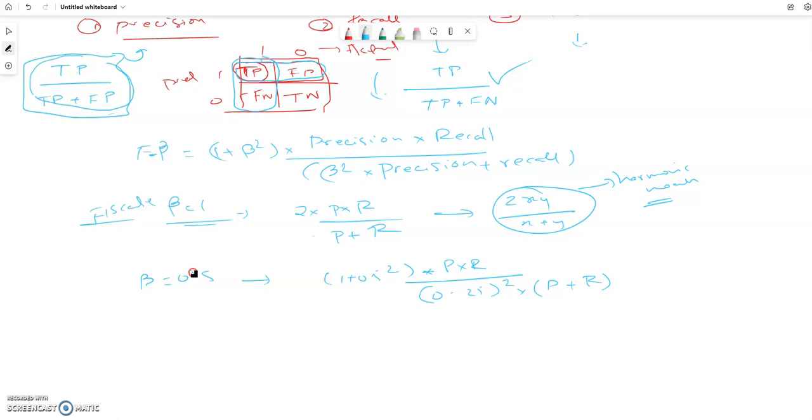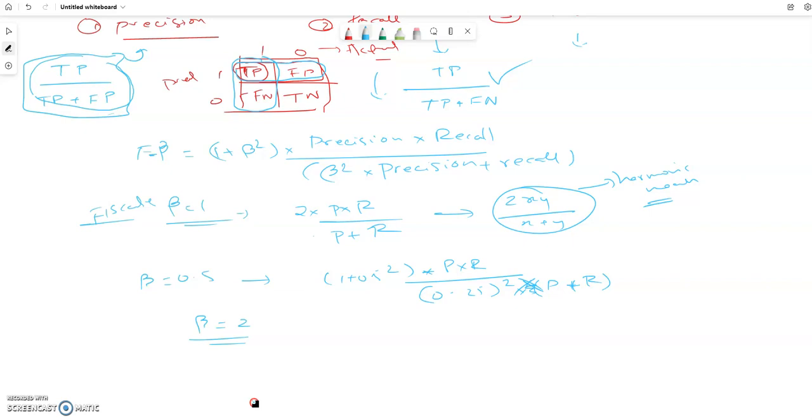If you use beta equal to 2, you will get the F2 score. So we have different scores here: F1, F0.5 score and F2 score.